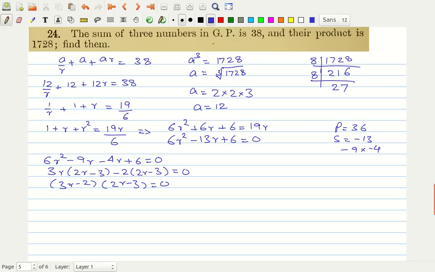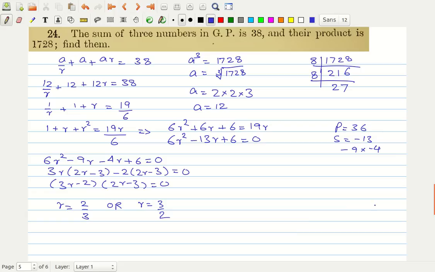So this means that R is equal to 2 by 3 or R is equal to 3 by 2. So you can take any of these values because each value is just a reciprocal of the other.